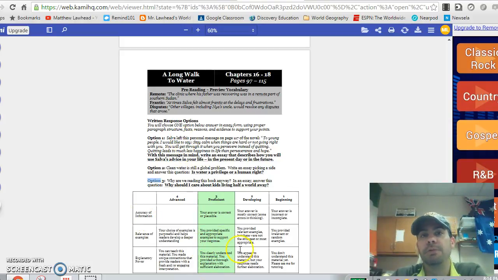It's the same rubric that we've used all year long for our writing assignments, so it should look very familiar for you. Please remember in your written responses, and the directions here at the top listed out pretty easily, you need to make sure that you write in proper essay form, use proper paragraph structure, find facts and reasons and evidence in the book to support your answers.